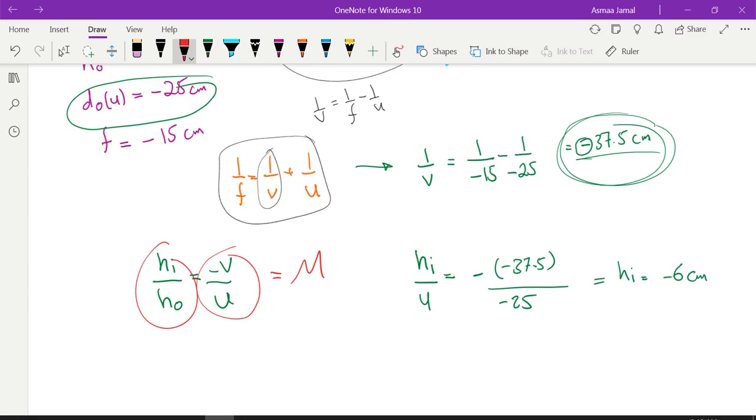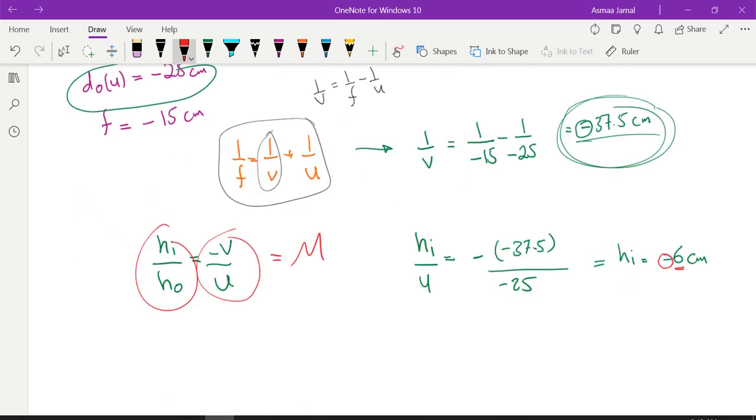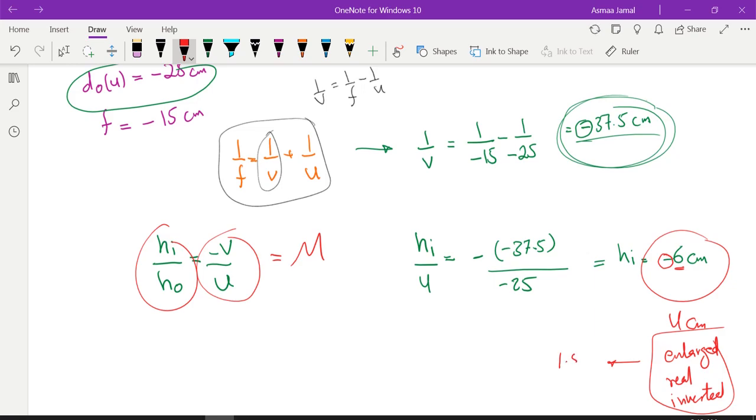And as you can see here again, it's negative because we said it's a real image, so it's inverted. The size of the image here is 6 centimeters, and the size of the object, as we said, is 4 centimeters, which means we have an enlarged image. That image, as we said, is real, so immediately it's inverted. And that's the nature of the formed image. This image is 1.5 times bigger than the object.